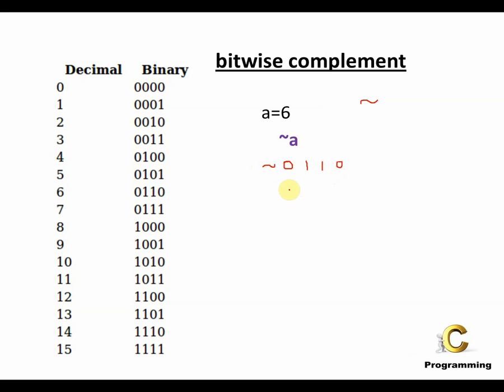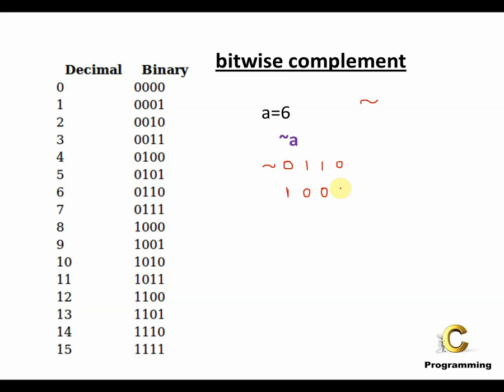So after performing complement, what do we get? Basically, I have mentioned previously also, a complement is nothing but you perform just the opposite, something called negation. You negate the bits. So 0 becomes 1 and 1 becomes 0. So this 0 will become 1 in the result. This 1 will become 0. This 1 will become again 0.